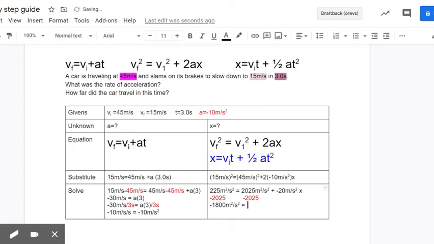And that equals -20 meters per second squared x. Now the next thing I want to do is divide both sides by the -20.